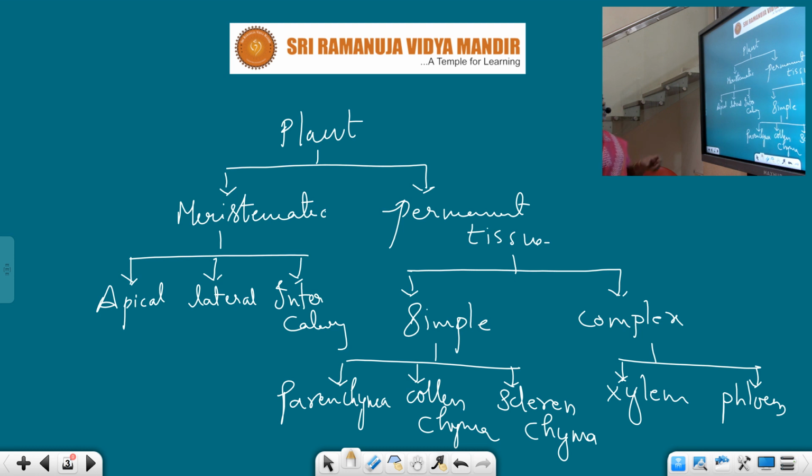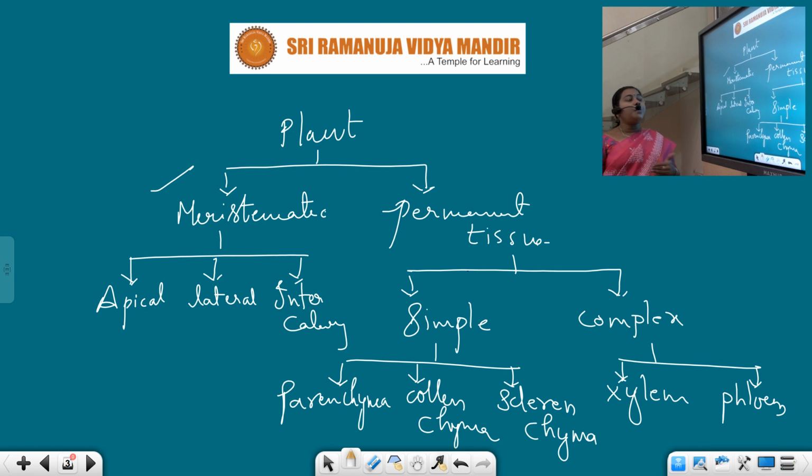Let me give the differences between meristematic tissue and permanent tissue. In meristematic tissue, the cells are capable of dividing. The cells present in the tissue will be continuously dividing.